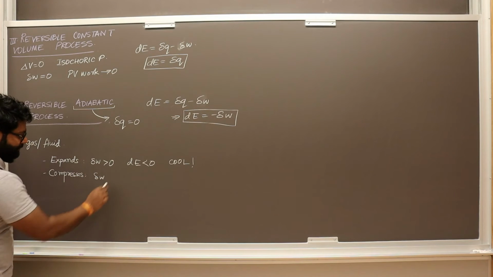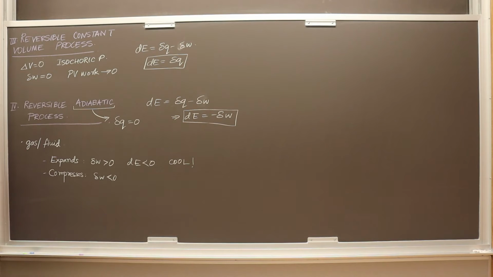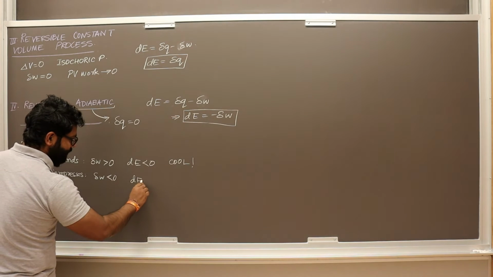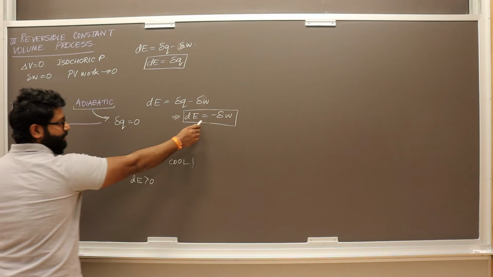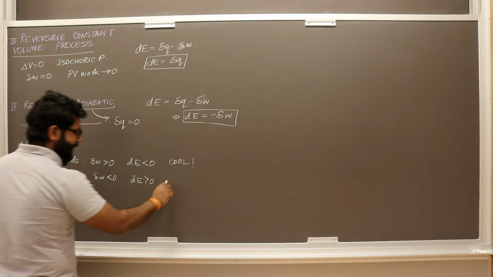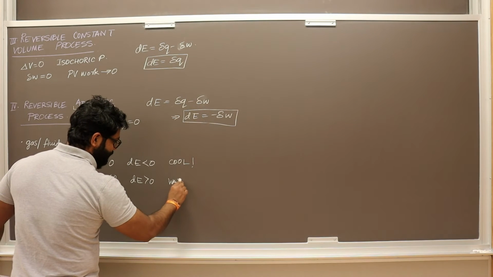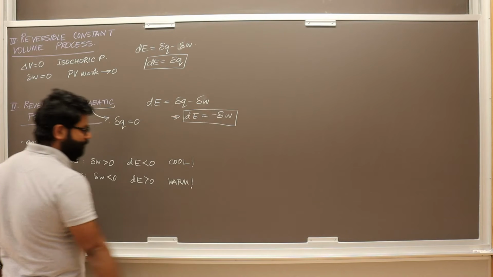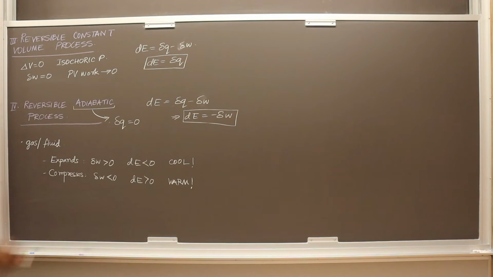Del W is less than 0, dE becomes greater than 0 because of the negative sign in here, and the gas will warm up. Okay, this is a very simple first-hand understanding of what a reversible adiabatic process does.